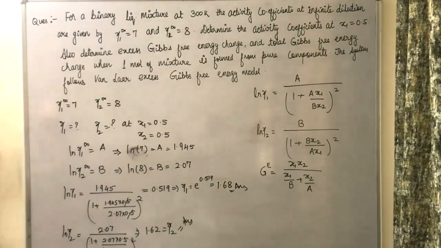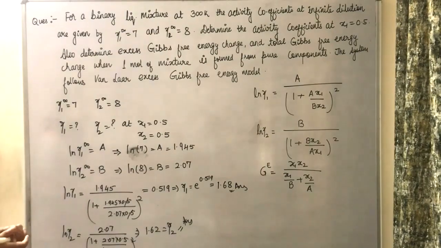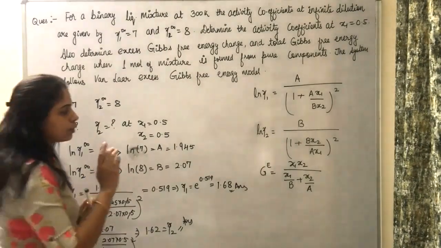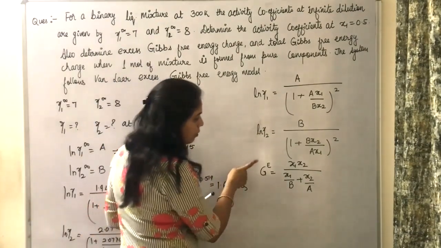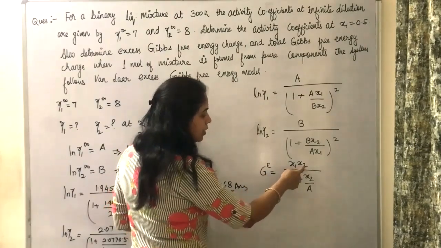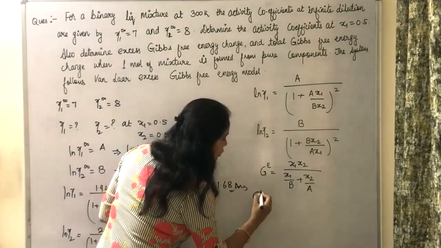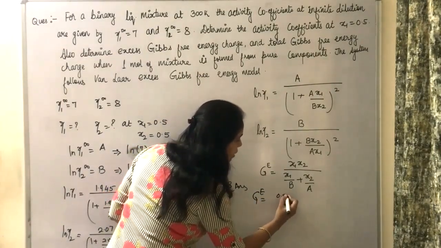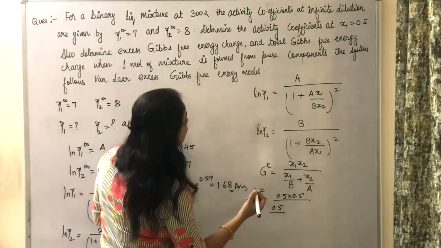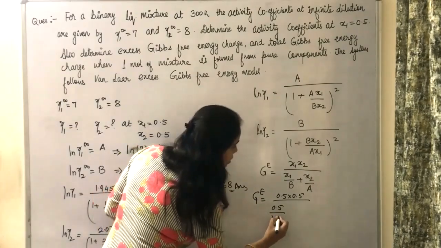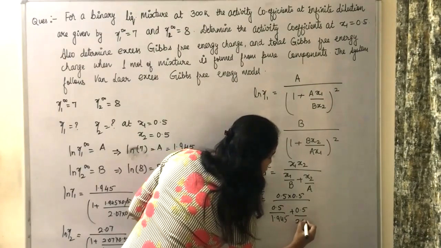Now the next question is to determine the excess Gibbs free energy and the total Gibbs free energy. For excess Gibbs free energy, we know from the Van Laar equation, the equation we took initially, GE equals x1 x2 times x1 upon B plus x2 upon A. Just substitute all the values, we know them all. So 0.5 into 0.5, times 0.5 upon A, where the value of A is 1.945, plus 0.5 upon 2.07.